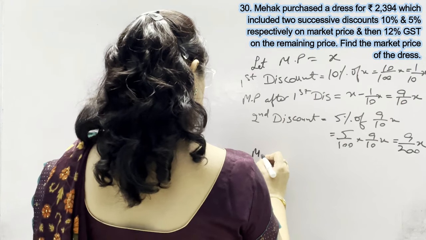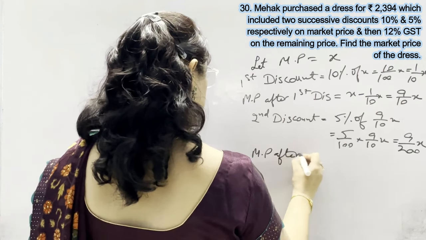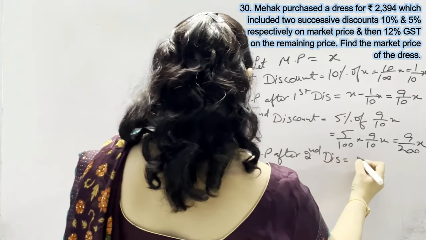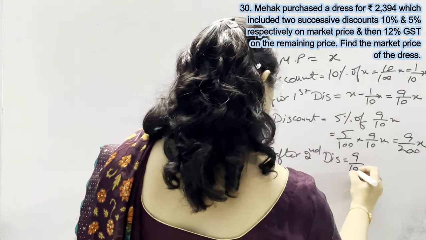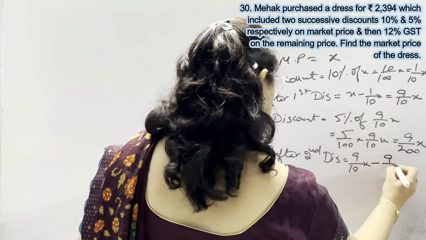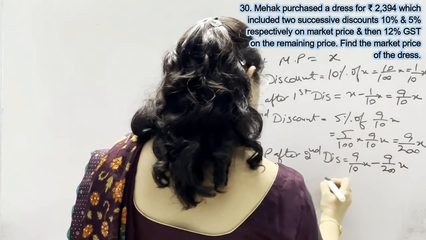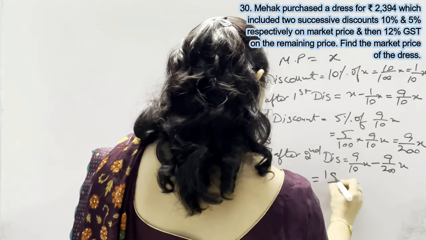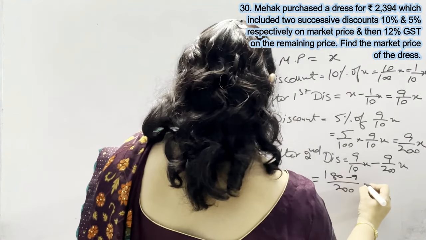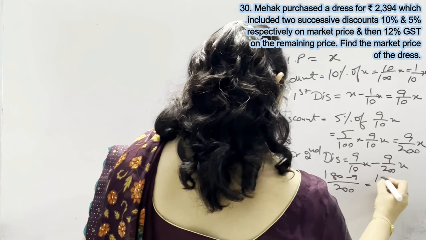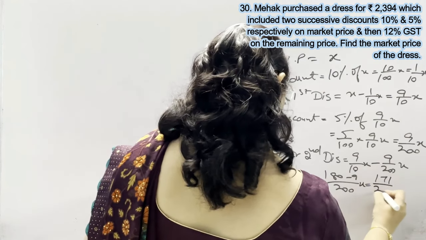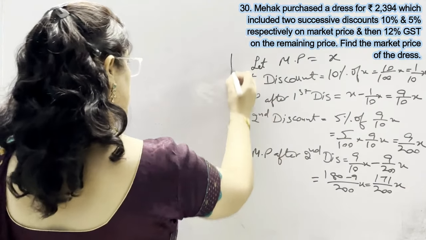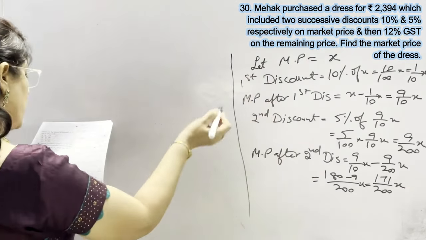So mark price after second discount is equal to 9 upon 10x minus 9 upon 200x. Taking LCM, 200, 180 minus 9 in the numerator, and its value is 171 upon 200x. Now coming to the question, including GST.